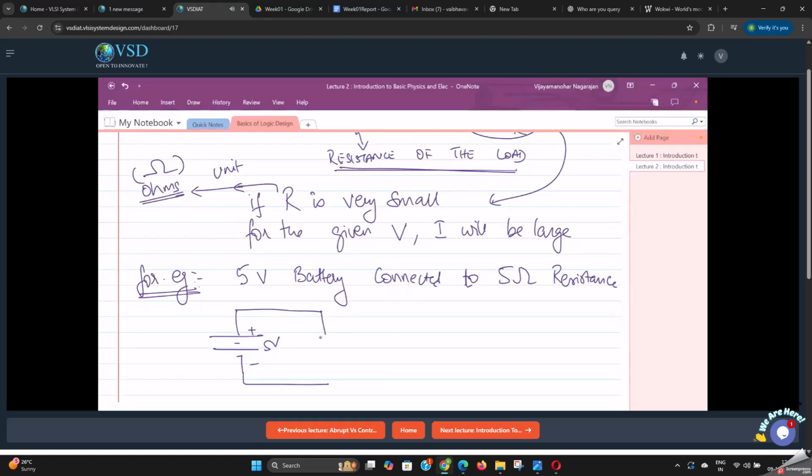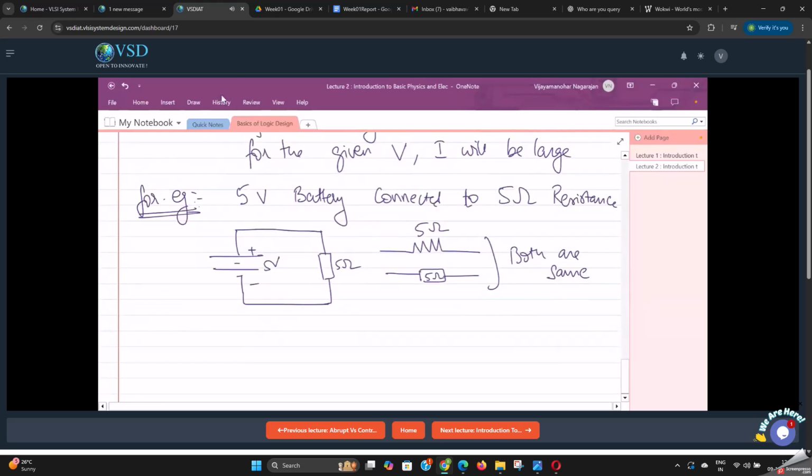Resistance is denoted like this, as a box, or people also denote it like this. I can denote it either way. I can write 5 ohms. Both are one and the same. So this is a 5 ohm resistance.